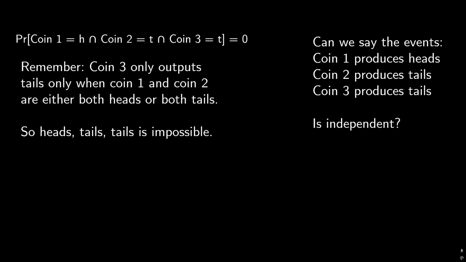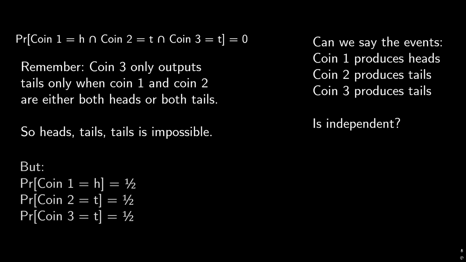First of all, note that the probability has to be 0. Remember, this is because coin 3 only outputs tails when both coin 1 and coin 2 are either both heads or both tails. Because now coin 1 has heads and coin 2 has tails, coin 3 must produce heads. So the probability of these three events happening together is 0. So heads, tails, tails is impossible.